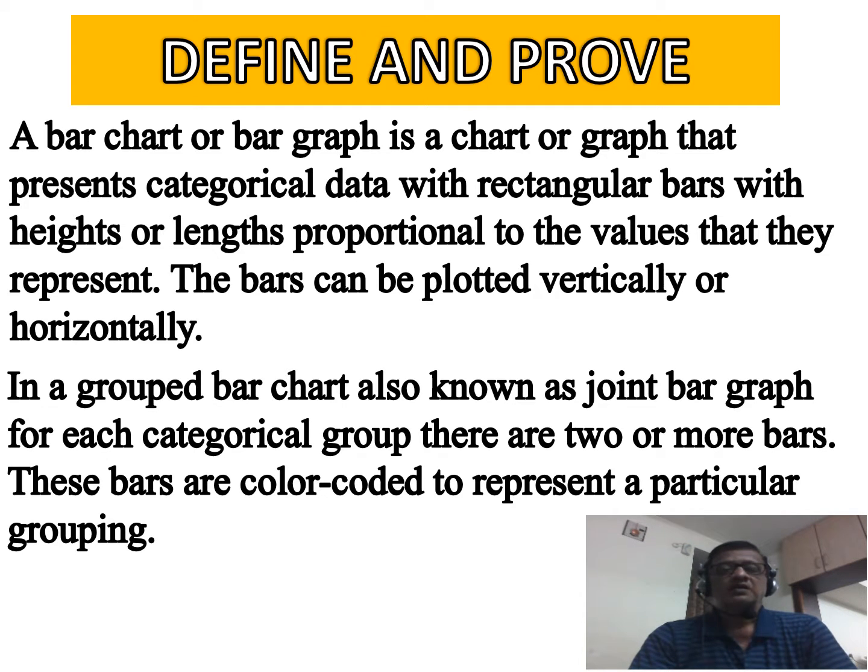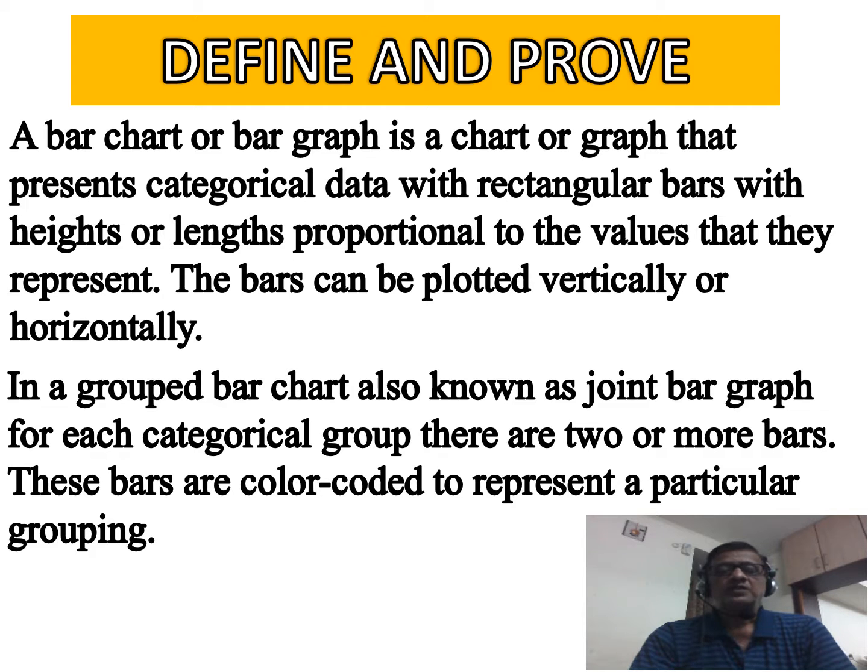A bar chart or a bar graph is a chart or graph that presents categorical data with rectangular bars with heights or lengths proportional to the values that they represent. The bars can be plotted vertically or horizontally.